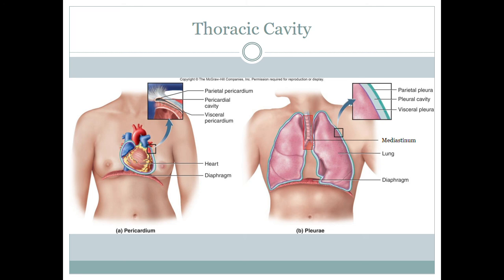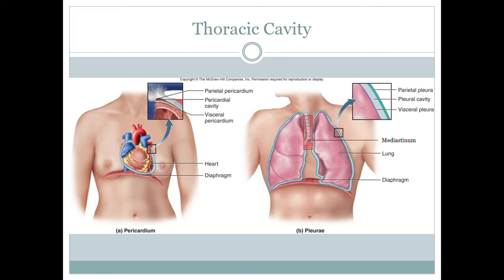And in some of the cavities, like the pleural cavities, the parietal pleura is actually right up next to the visceral pleura, and there's just a thin layer of serous fluid between the two. So the pleural cavity is sometimes referred to as a potential space because there really isn't a gap or a space there, because the two membranes are right next to each other, just separated by a thin layer of fluid.